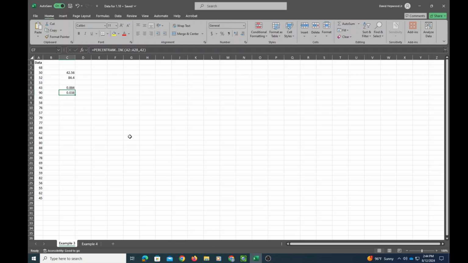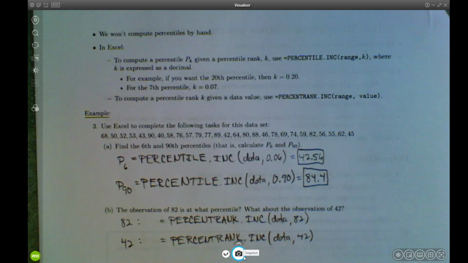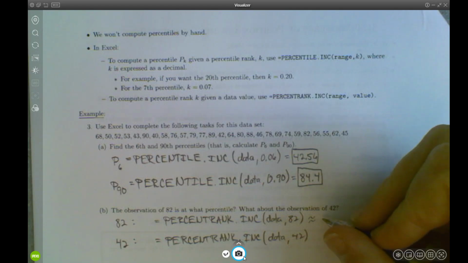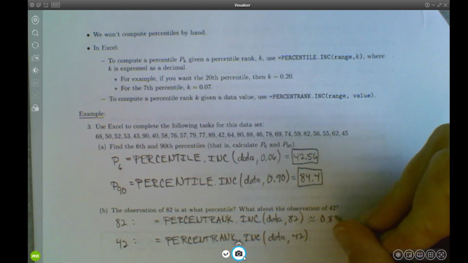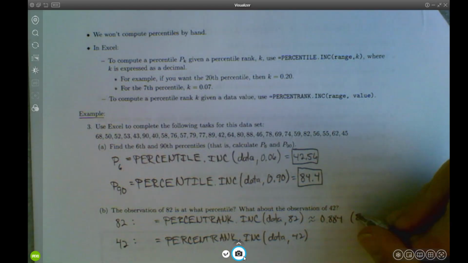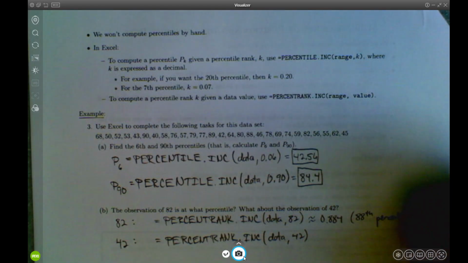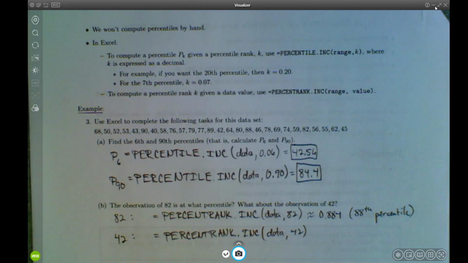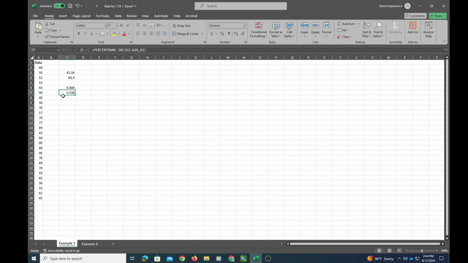Let's write those down. So this is about the 88th percentile. In fact, it was 0.884, I think. So this is the 88th percentile. And the other one was 0.038.